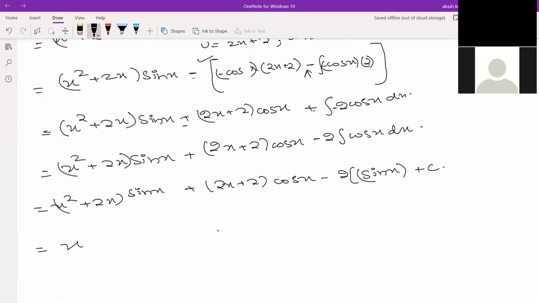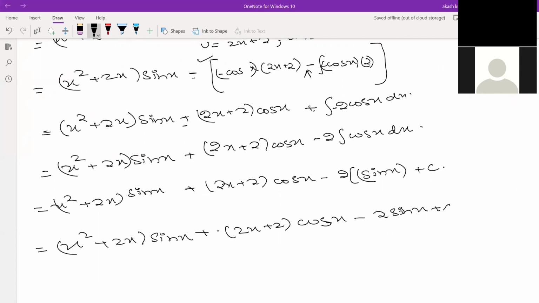So it becomes x squared plus 2x sin x plus 2x plus 2 cos x minus 2 sin x plus c. That's the answer.